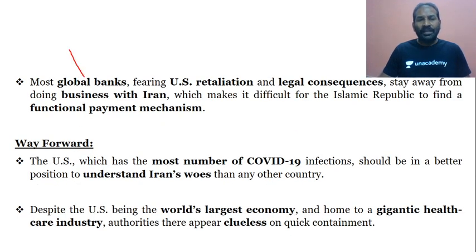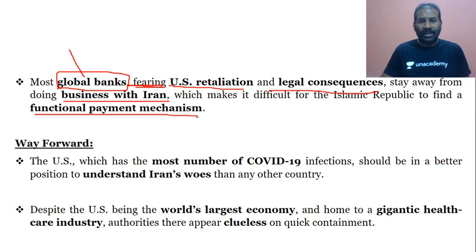And then many global banks, not only the countries, as I've said, many global banks, that is in regards to the WB, IMF, it could be Asian Development Bank also, they are fearing, please do understand this word, fearing US retaliation and legal consequences if these banks go ahead with doing business with Iran, so that Iran will have some kind of functional payment mechanism.